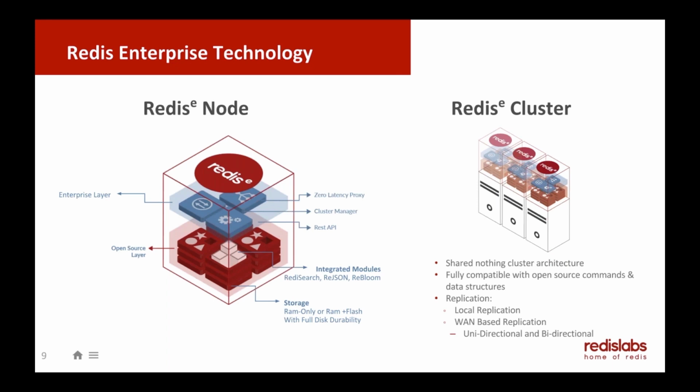It's very easy to scale. It provides replication built in with the cluster. That is local high-performance replication that protects against node, zone, or rack failures. The Redis Enterprise cluster also comes with WAN-based replication, where you can replicate your data across geographies over long distances, either in a unidirectional form or in a bidirectional form, and deploy an active-active topology with Redis.